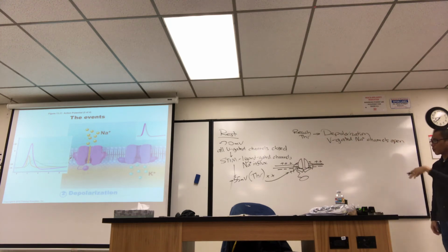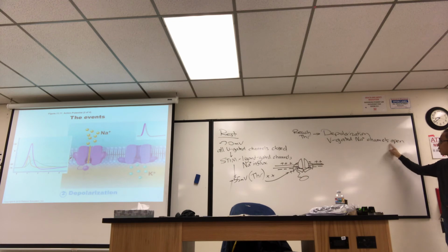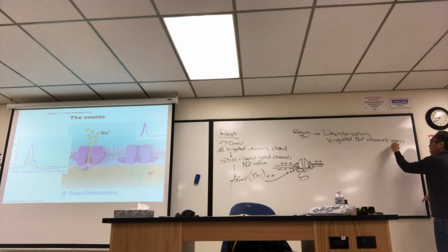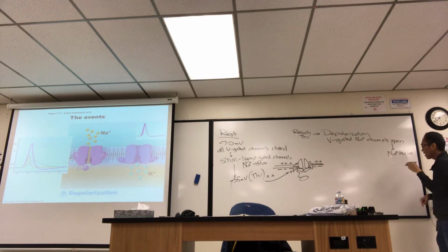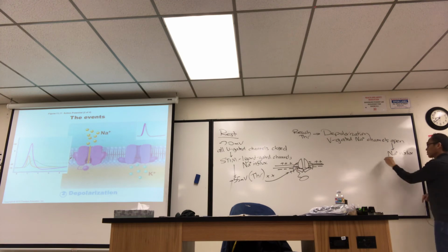Remember, I just drew one on the board, but these are the most densely packed channel in the cell membrane. The numbers aren't important. What is important is to know that once you allow some to open, you're going to get some sodium influx. That's more depolarization.